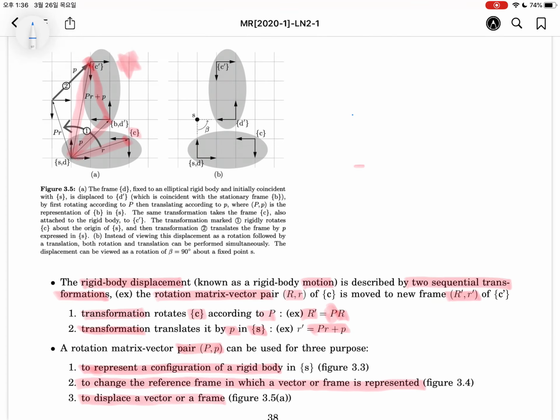Let's assume that the rotation velocity is 1. Then the fixed space frame will move like this according to the rotational movement. This is 2 units, so the x directional velocity will be 2.